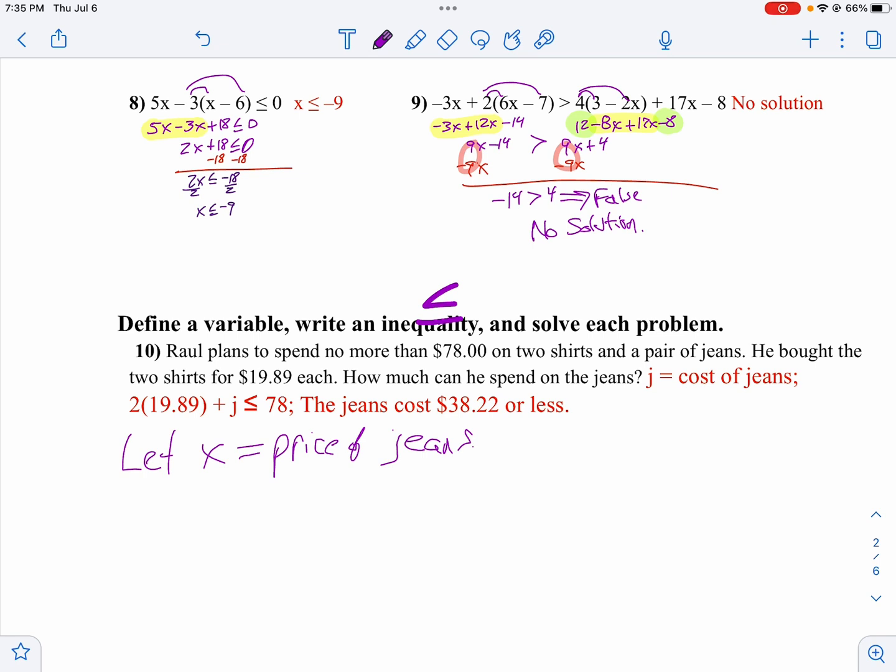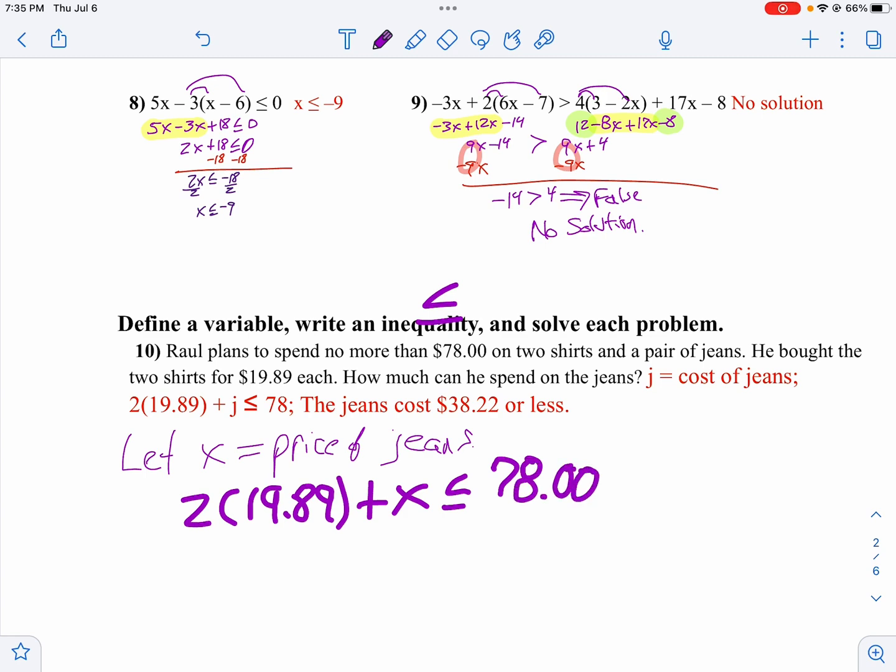So I thought I'll go 2 times 19.89 plus my jeans, which I'm going to call X. And that's going to be less than or equal to $78.